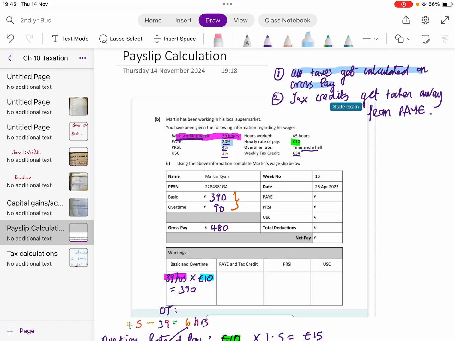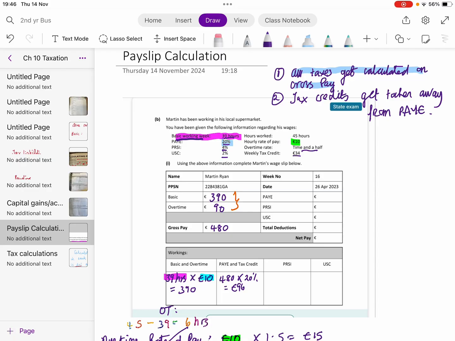So I now know I need to get 20% of my gross pay. So that's €480 multiplied by 20%. So 480 multiplied by my 20% gives me €96. So that's what I need to pay the government in PAYE when I get 20% of my pay.